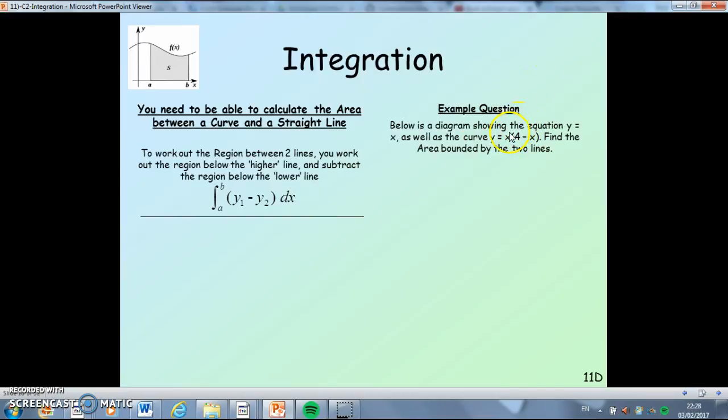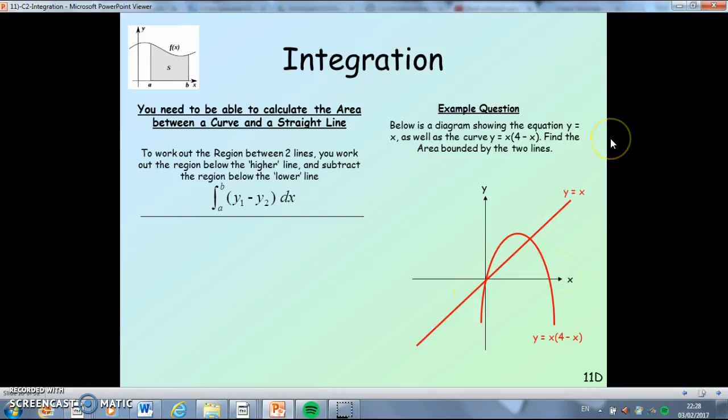From the equation we can see that x is equal to 0 and x is equal to 4. And there is the straight line here of y is equal to x.